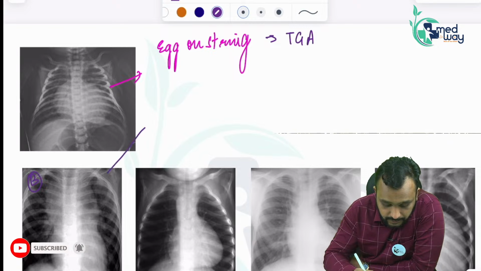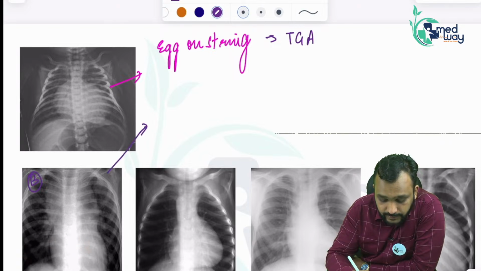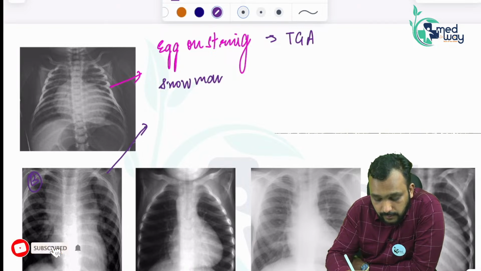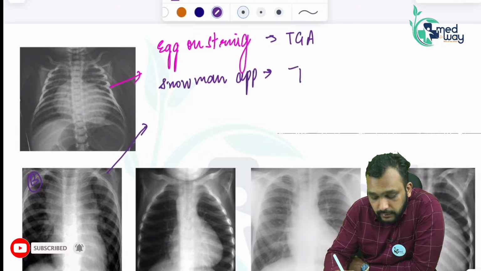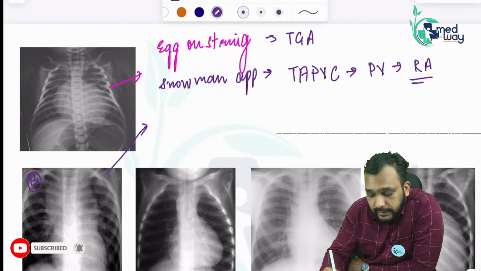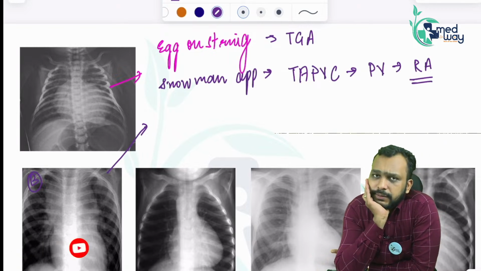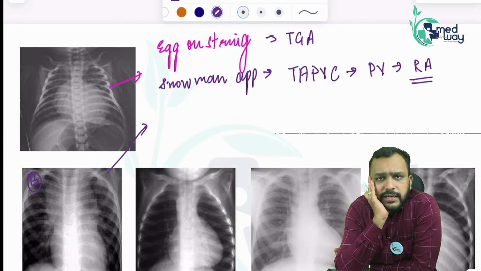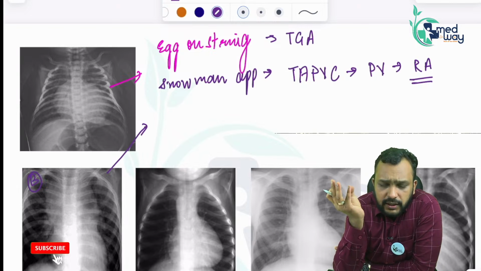Second image, image B, you can see that this is the snowman appearance or figure of 8 appearance, seen in patients with total anomalous pulmonary venous connection, in which all the pulmonary veins are draining into the right atrium instead of the left atrium, and it can be of various types, type 1, 2, 3, 4.